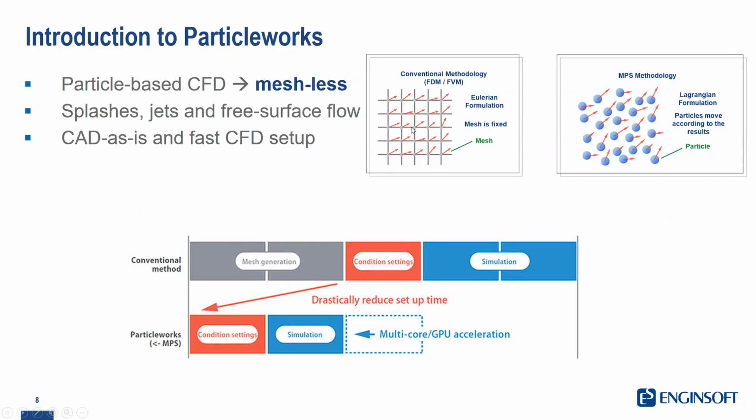So instead of having a mesh that we have to compute prior to launching the simulation, as happens with conventional methodology, we are actually discretizing the fluid automatically with the software at the beginning of the simulation, and the computational nodes are localized where the particles are. So it's a dynamic mesh, a dynamic grid, let's say, that can follow along the fluid field.